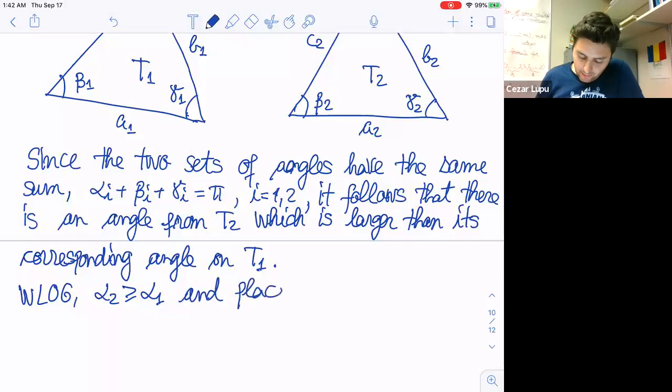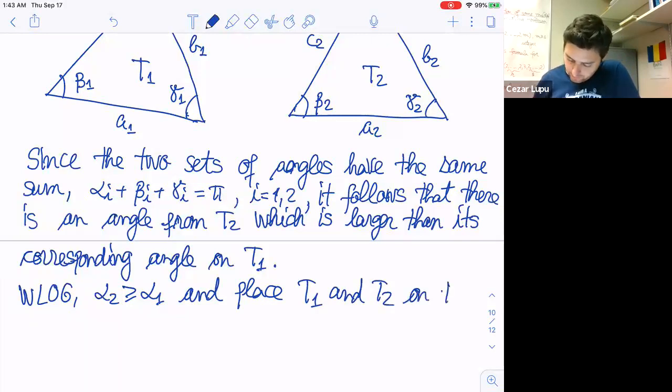we can place T1 and T2, let me be more specific here.